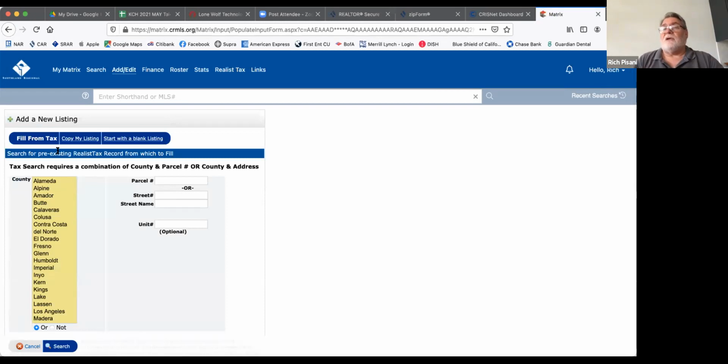And it's just like you're inputting a brand new listing, but it's a lot less information. All you have to do is the county and the parcel number. It's going to pull up the property, and it's also going to have the price.